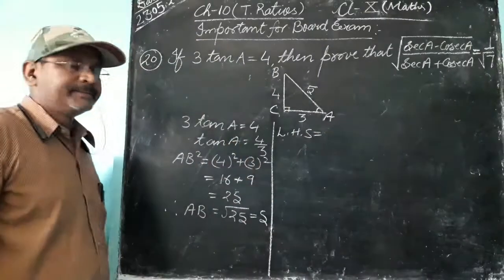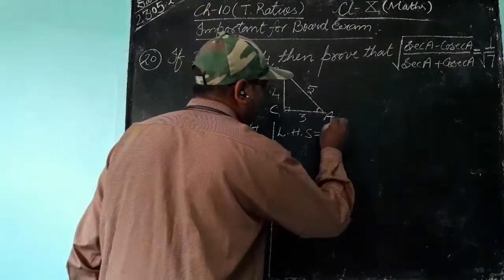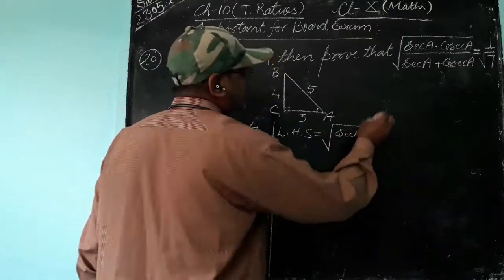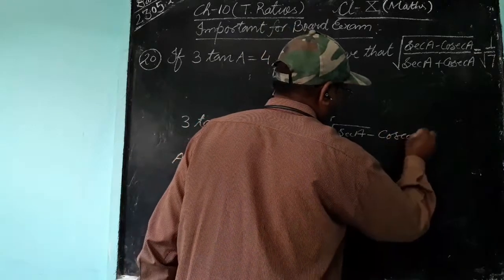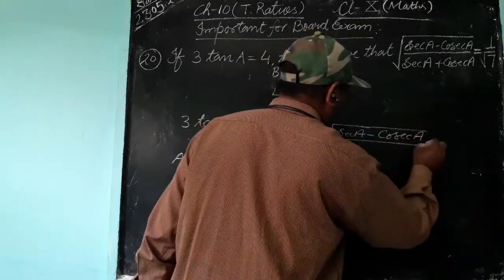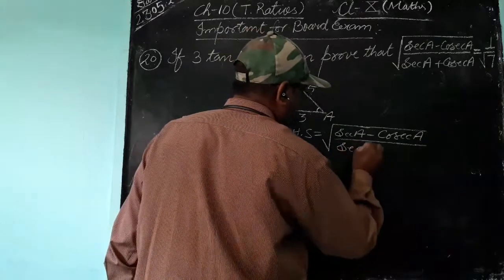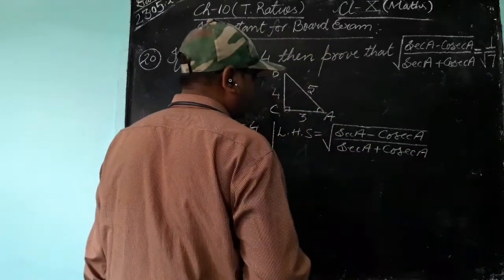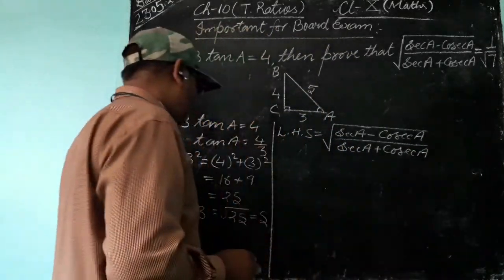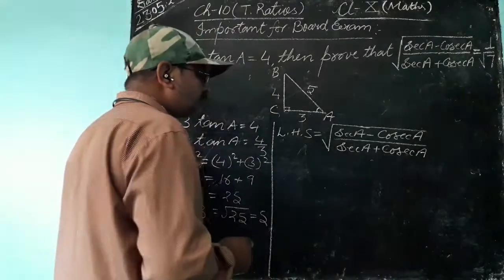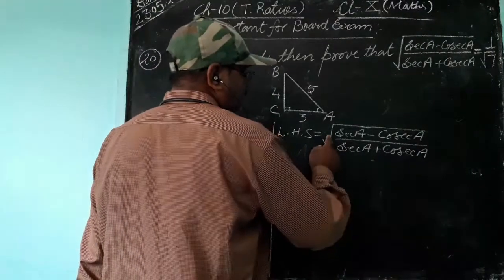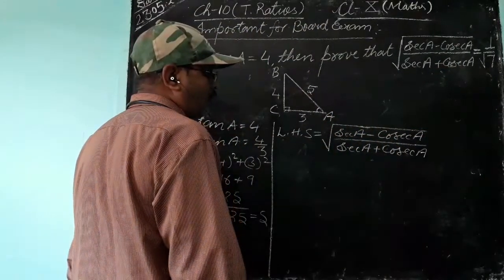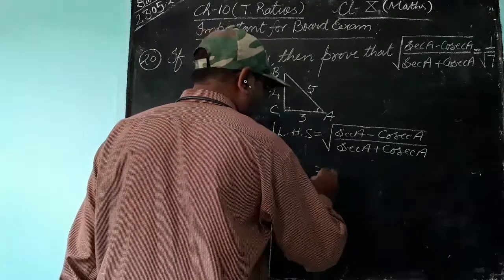Left hand side: under root (sec A minus cosec A) upon (sec A plus cosec A). Clear? So after that, you have to find this. Clear? So you put the values.